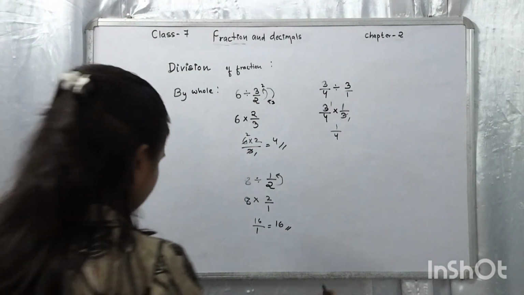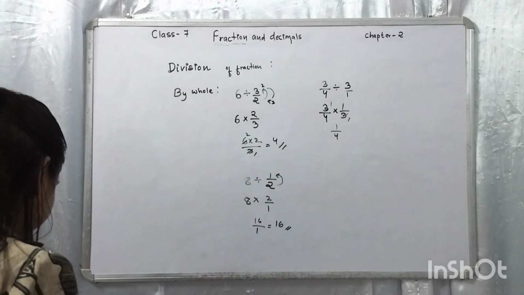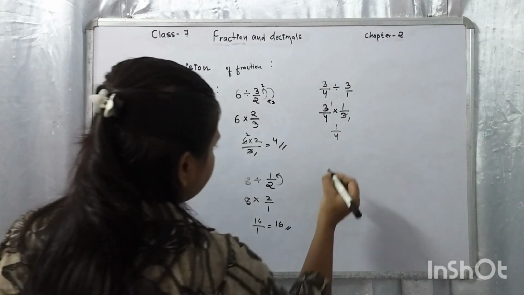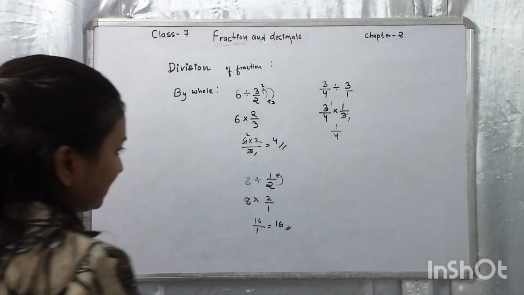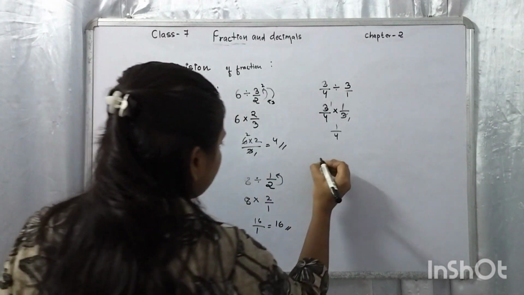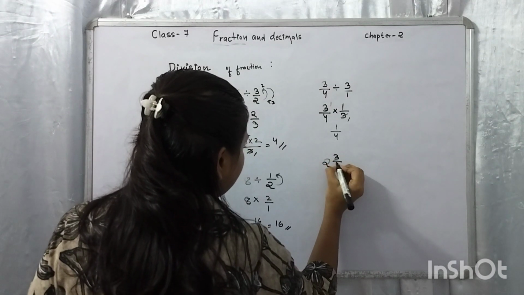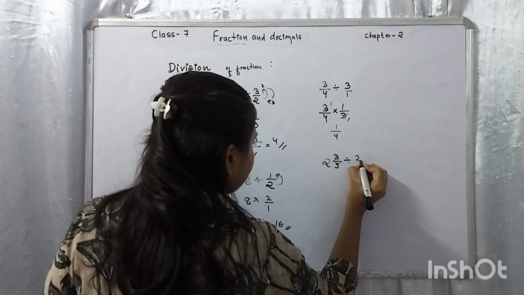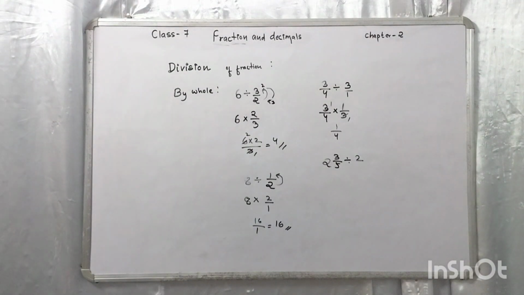Fine. Let's take one more example, a new example, that is 2 3 by 5 divided by 2. Fine. You are dividing a mixed fraction with a whole number.